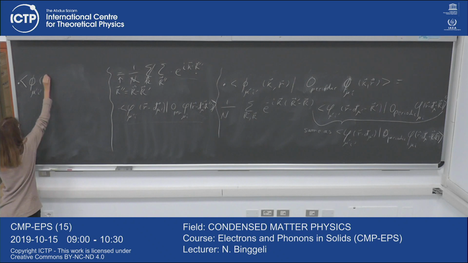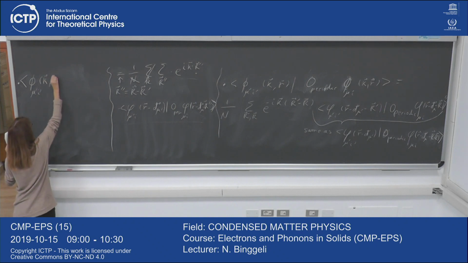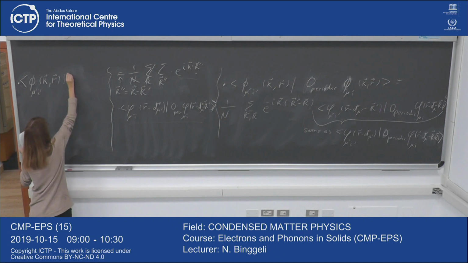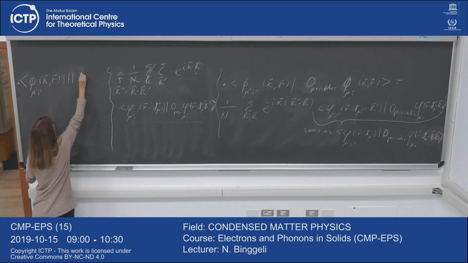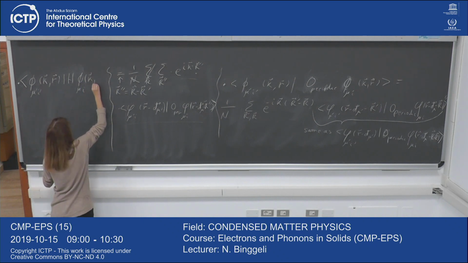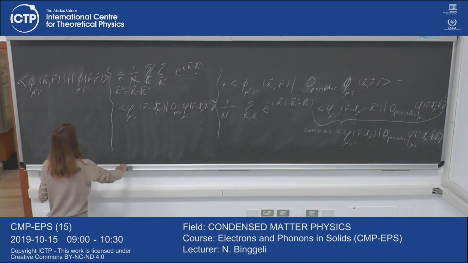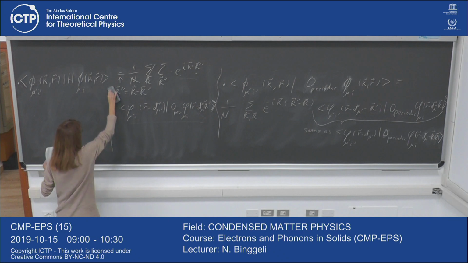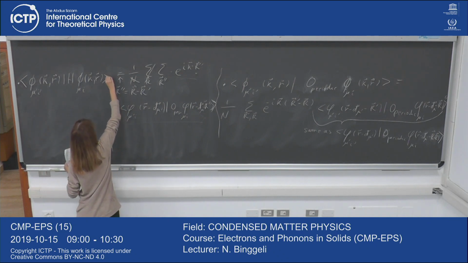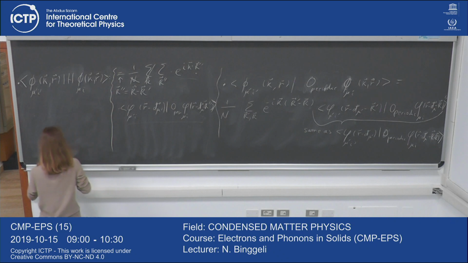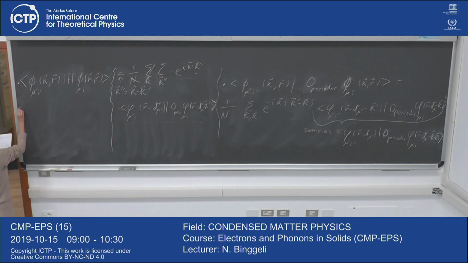So I want to further simplify this. And I'm going to use also the Hamiltonian, write it.